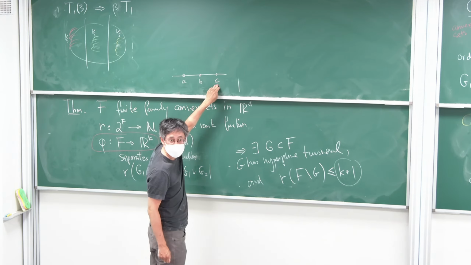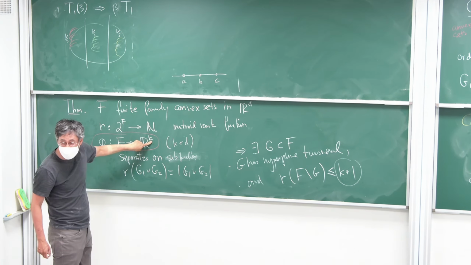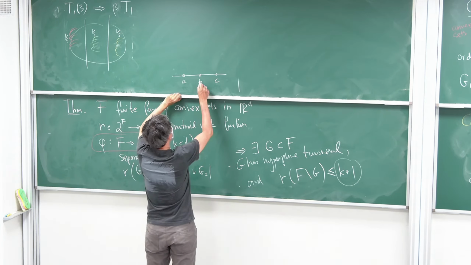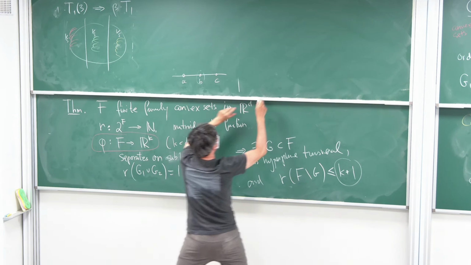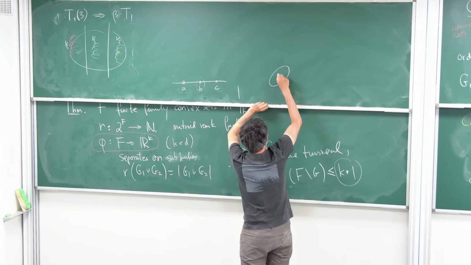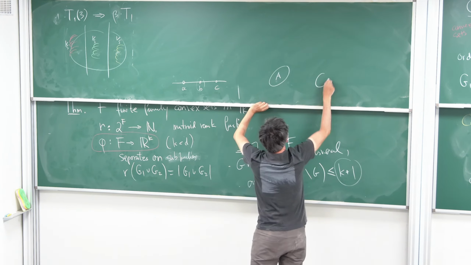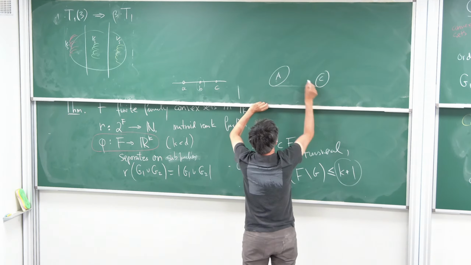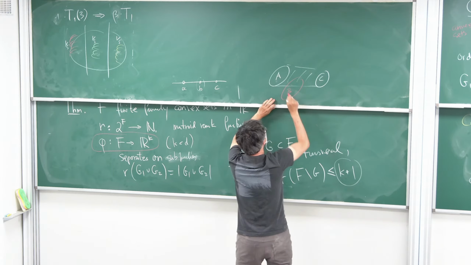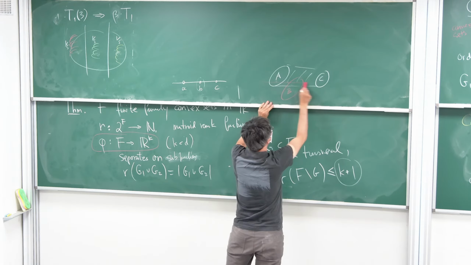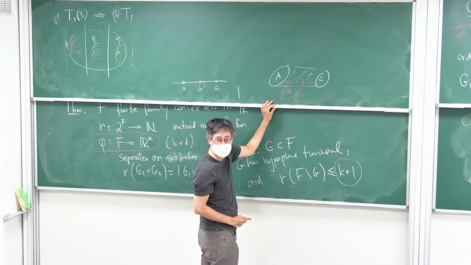This tells me that they have a specific order because I mapped them to R1. And it tells me that B is in the convex hull of A and C, which means that in the geometric setting, A is here, C is here, and if I look at the convex hull, B should intersect, which means there is a line that intersects.